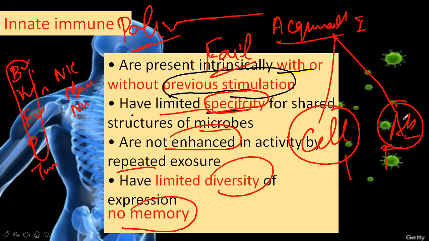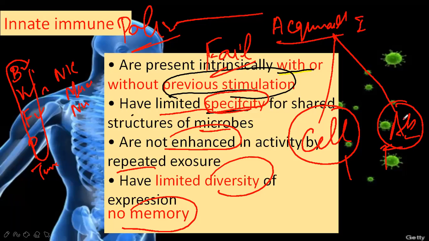Like your enemy slaps you one day, and the second day comes again and slaps you, of course you recognize him, and the second time you give a stronger response to that enemy. If he comes a third time, he has no better defense. It's like that, acquired immunity. So you know, I have already seen this enemy, I have defense against that.